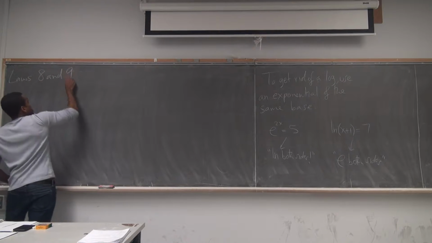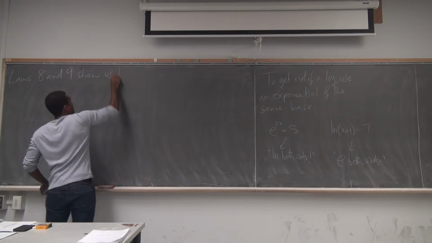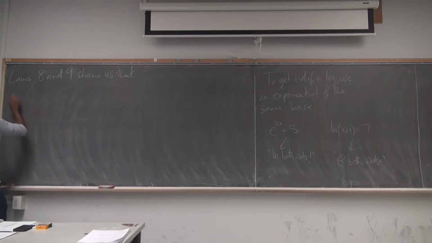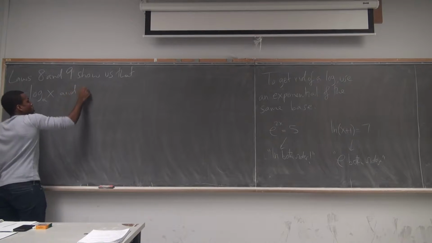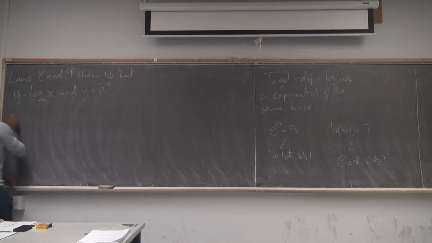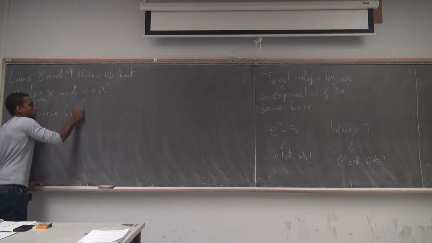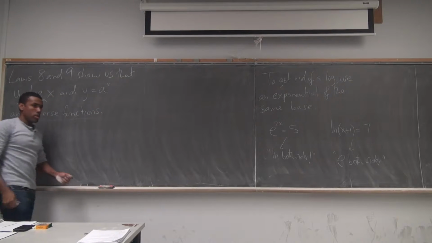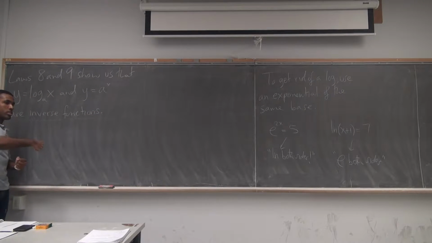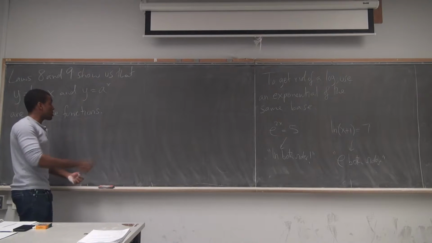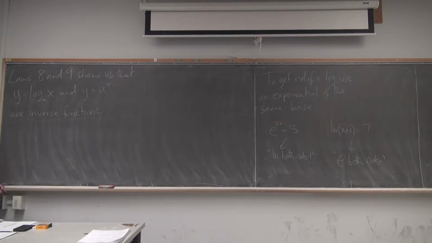Laws 8 and 9 show us that y equals log to the base a of x and y equals a to the x are inverse functions. Remember, inverse functions are the ones where if you plug one function into the other, you get the original input. So if you take f of f inverse of x, you get x, or if you take f inverse of f of x, you get x. These are called inverse functions.